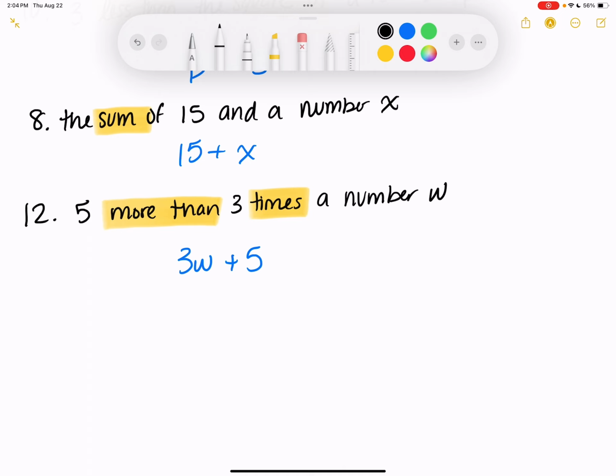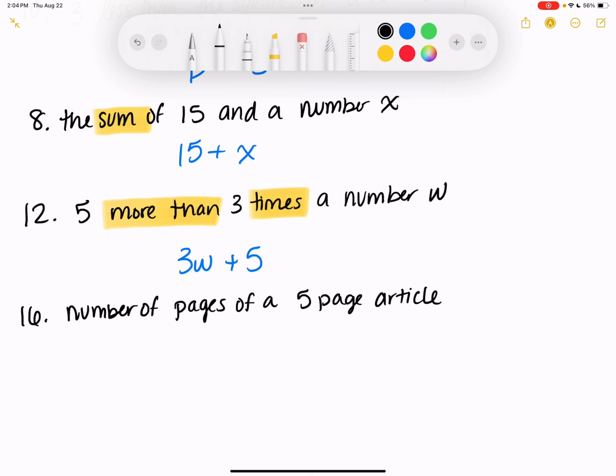So 16 says number of pages of a 5-page article left to read if you've read P pages.